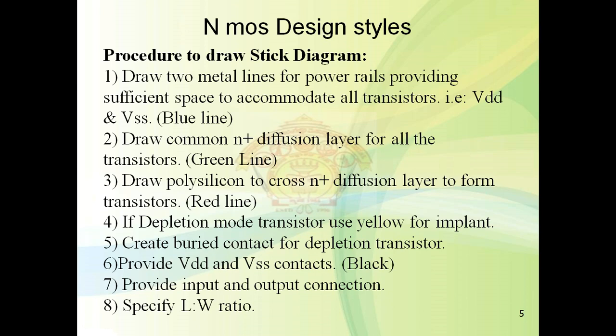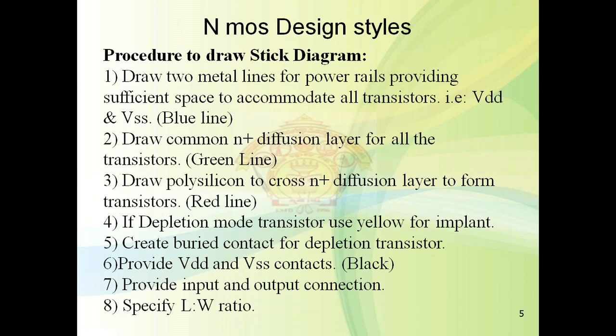Third step, draw polysilicon to cross the n diffusion layer to form transistors. This can be drawn using a red line, or in monochromatic with a thick line. Fourth, if a depletion mode transistor is there, you have to show the implant.